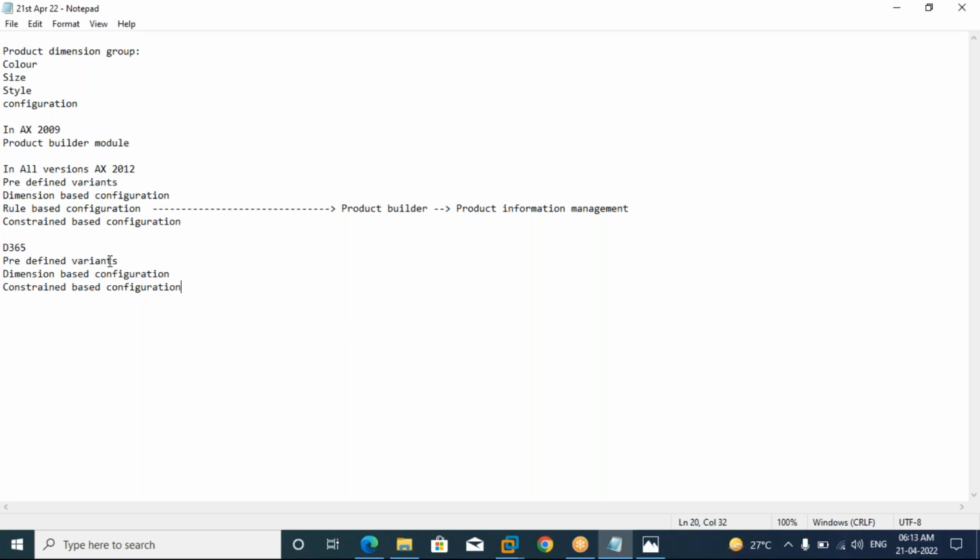In D365, it is only 3: predefined variants, dimension-based configuration, constraint-based configuration. Understood? So if you get a question like, what are the differences between 2012 and D365, you have plenty of subject to give an answer.